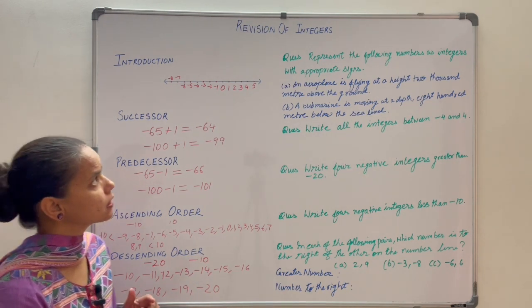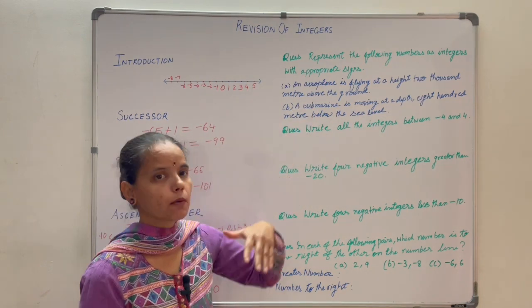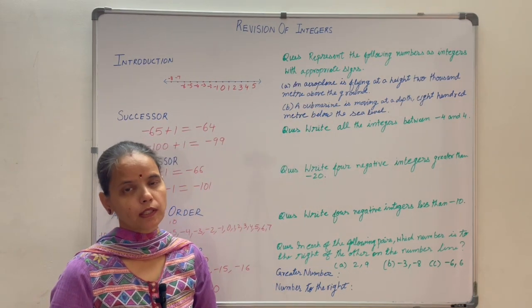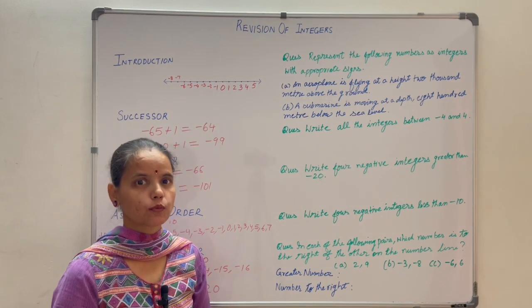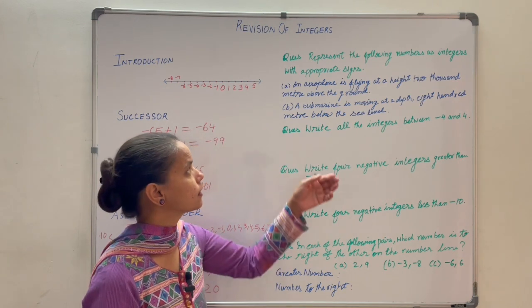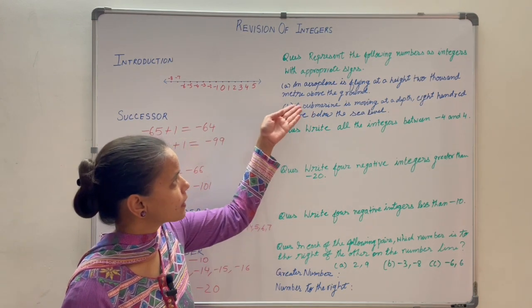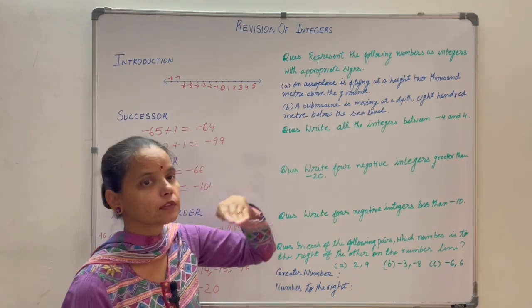Now let us take these questions. Represent the following numbers as integers with appropriate sign. You know, in integers, whenever you come across any situation with opposites, integers come into the picture. Let us take an aeroplane flying at a height of 2000 meters above the ground.